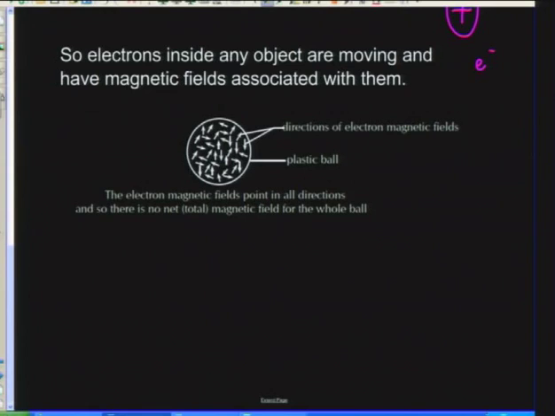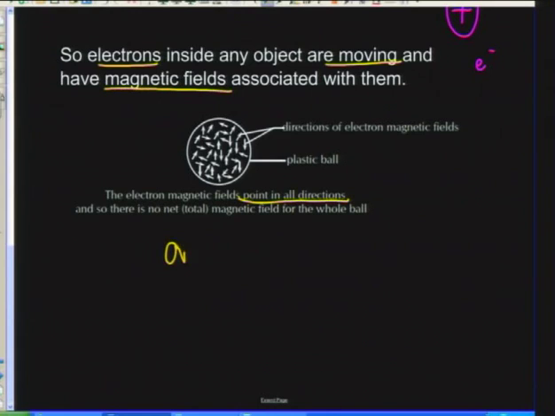That is because the electrons inside any object, because all objects are made of matter, which has atoms and therefore electrons, are moving, but they have magnetic fields associated with them. Those magnetic fields point in all directions.